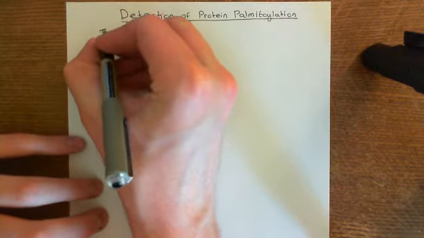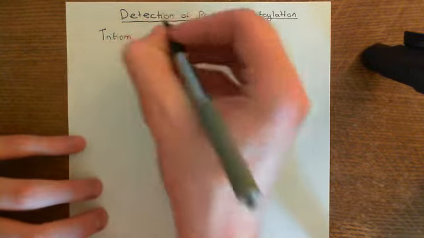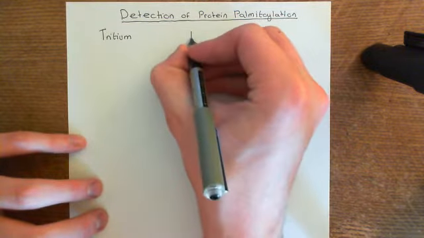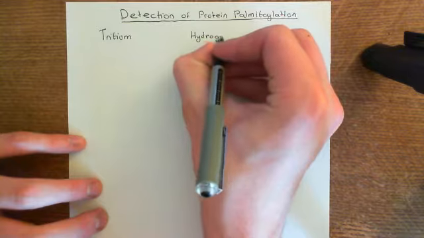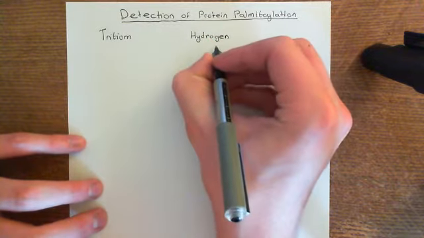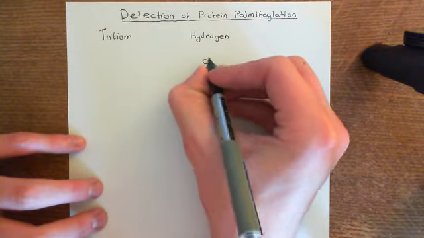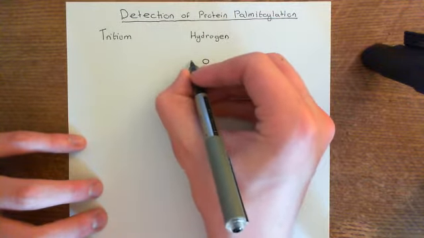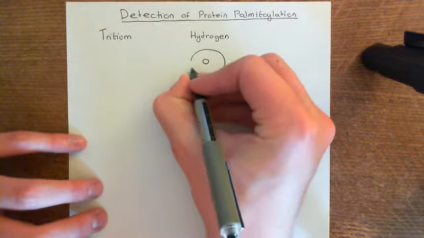Tritium is an isotope of hydrogen. So let's start off with what hydrogen is. Hydrogen atoms are atoms which have one proton at the center. In their nucleus they have one proton, and therefore they also have one electron orbiting them.